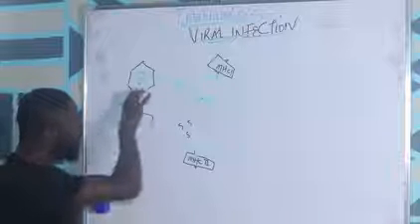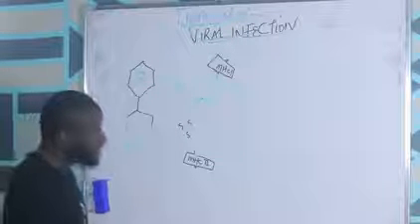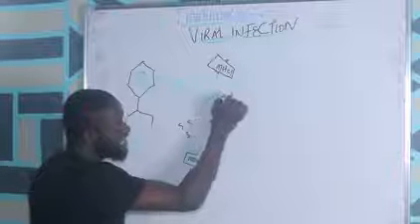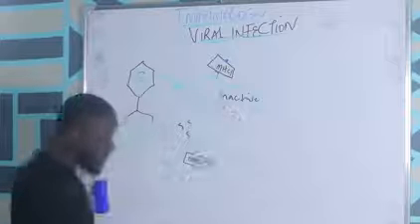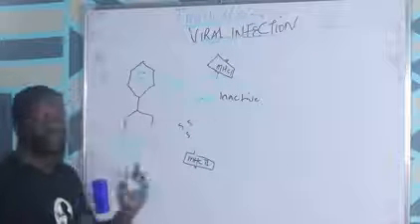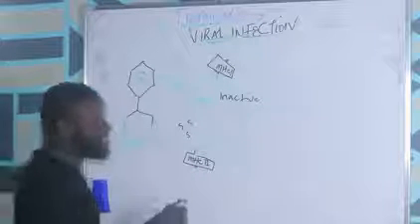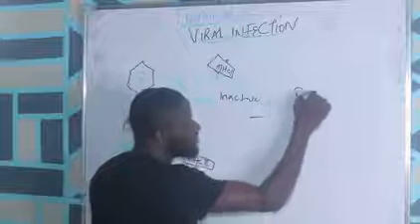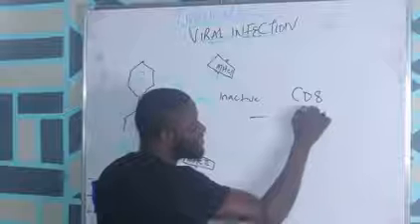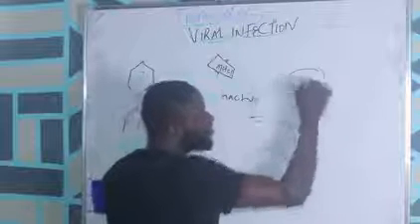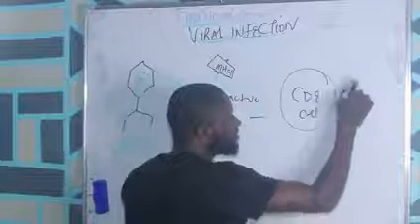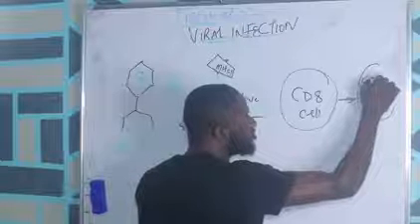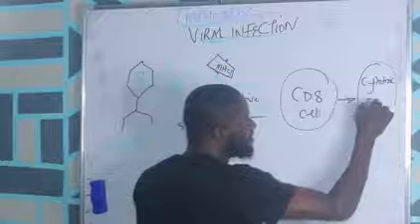So when the virus infects the macrophage, as you can see, the macrophage here is inactive. What we want to do here is activate a cytotoxic T cell, CD8 cell. We want to activate a cytotoxic T cell.